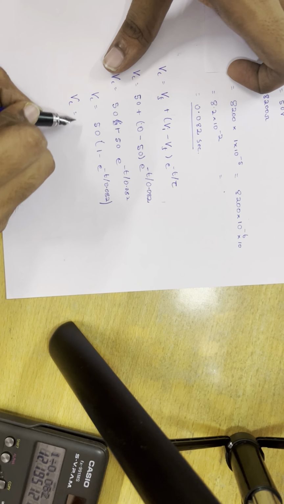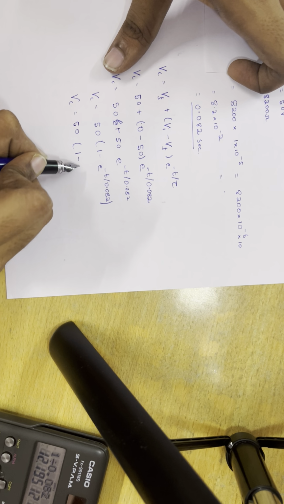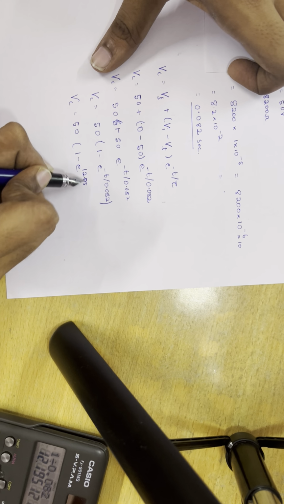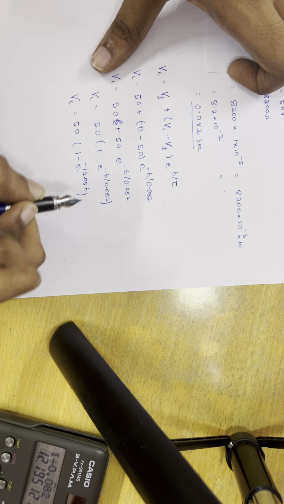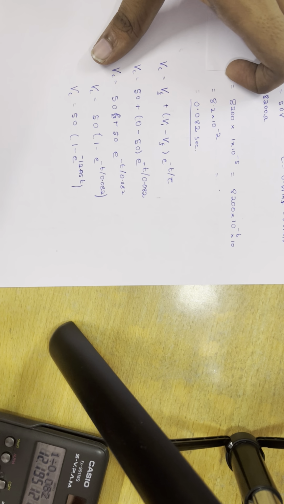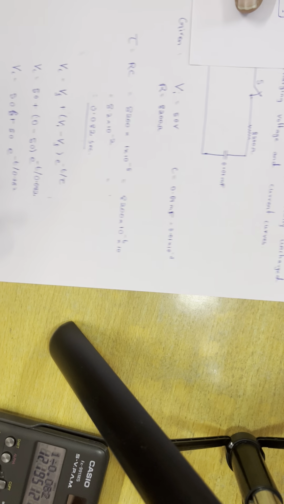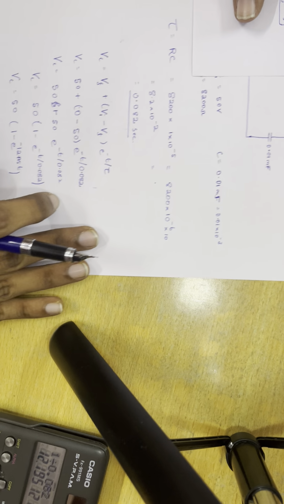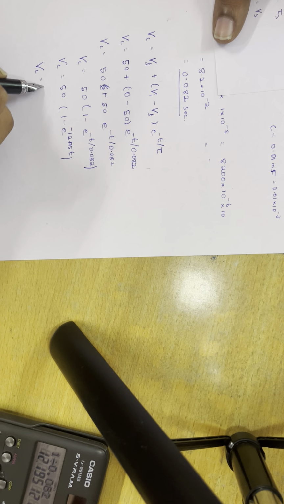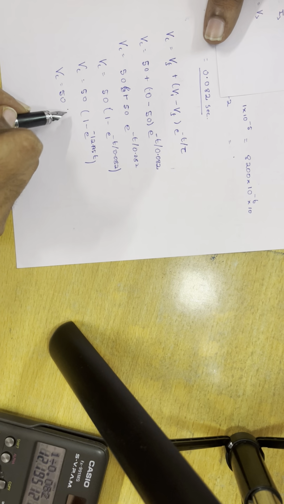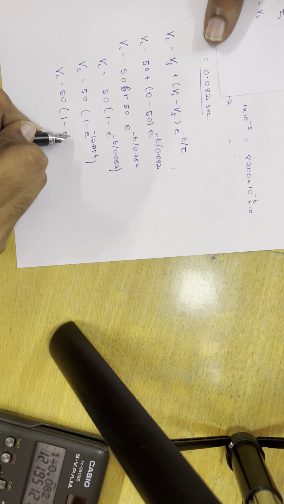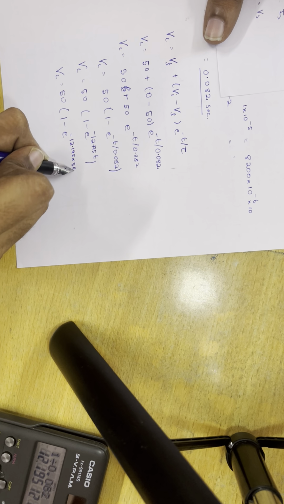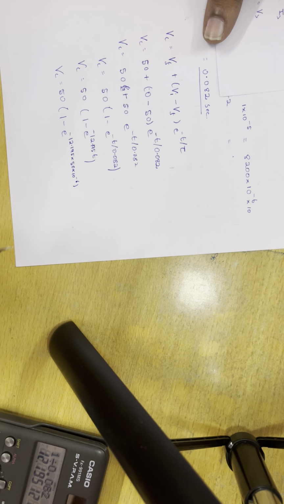So Vc equals 50 into 1 minus e to the power minus 12.195 t. We know that t is 50 microseconds, as given in the question. So Vc equals 50 into (1 minus e to the power minus 12.195 into 50 into 10 to the power minus 6).